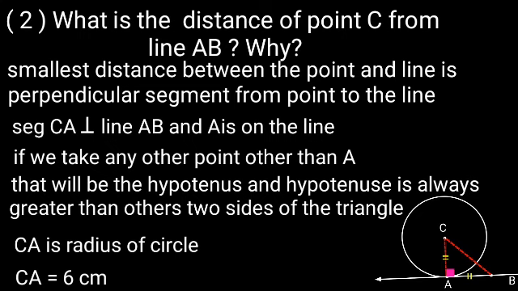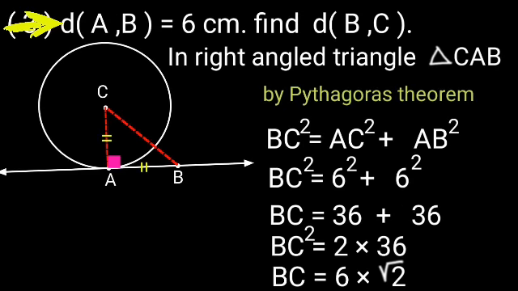If we take any other point other than A, that will be the hypotenuse, and the hypotenuse is always greater than the other two sides of the triangle. CA is a radius of the circle. Hence, CA is equal to 6 centimeters.